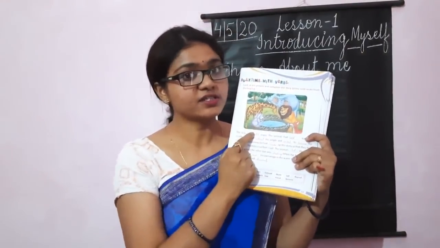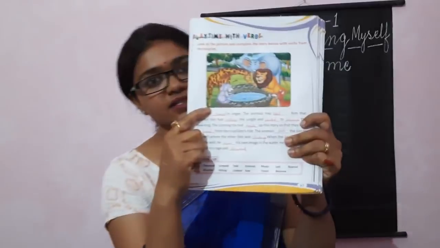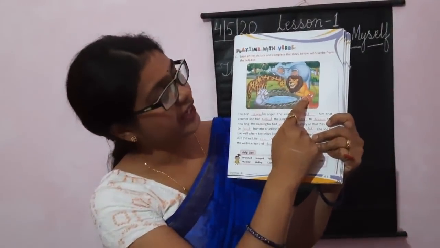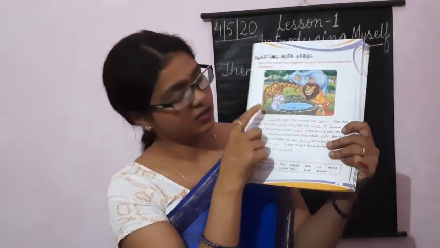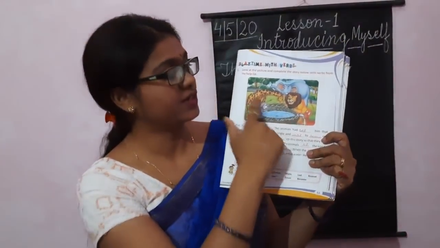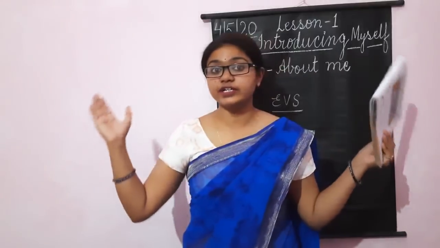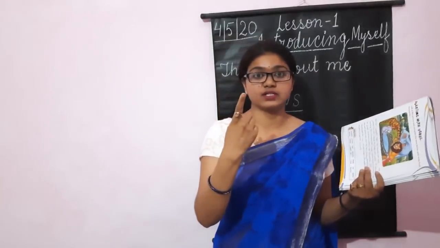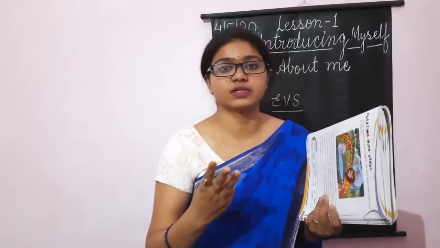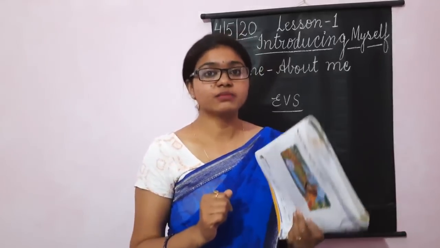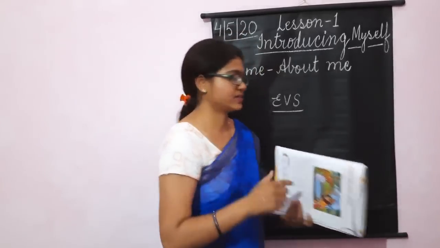I have no real animals, that's why I'm showing this picture. Lion, elephant, zebra, rabbit, fox. You will read in EVS about different types of animals: wild animals, pet animals, domestic animals.